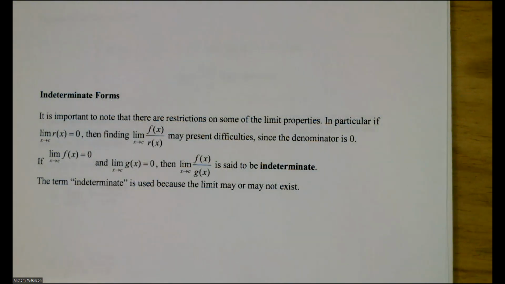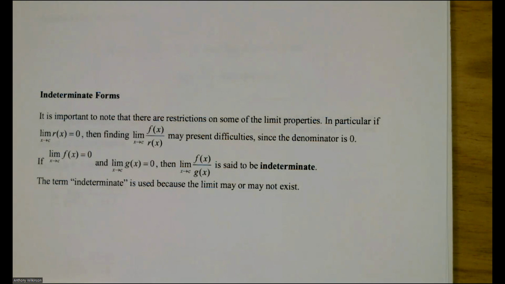It is important to note that there are restrictions on some of the limit properties. In particular, if the limit as x approaches a constant of r of x is equal to 0, then finding that limit as x approaches the constant of f of x divided by r of x may present difficulty since the denominator is 0.